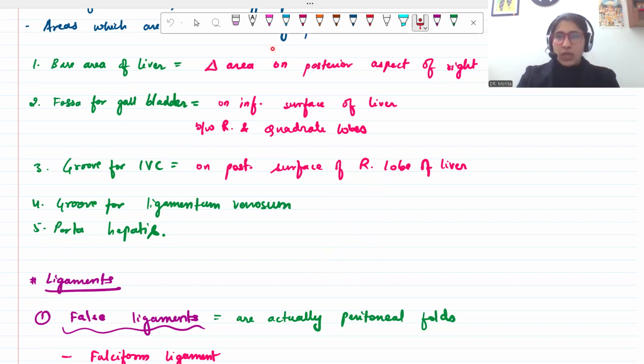Because if you remember, in the right free border of the lesser omentum these three things are present: the hepatic artery, portal vein, and hepatic duct. So they are also not covered by peritoneum.